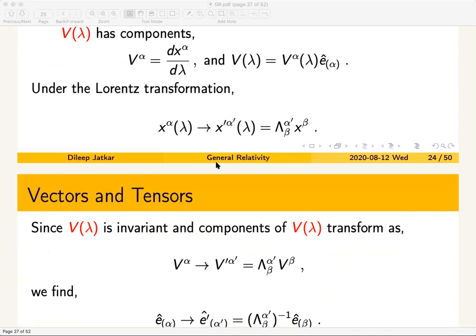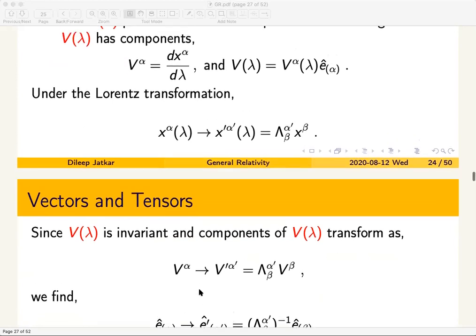As I said, vectors are invariant, but the components would transform. That is easy to see: you look at this definition, and under this coordinate transformation, v^α goes to v'^α', which is Λ^α'_β times v^β. But v is invariant, while the components transform.